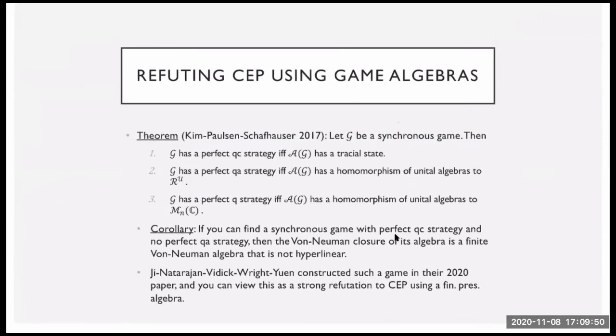The point is that having a nice representation of this algebra, let's call this algebra AG. Maybe I didn't write it in the previous slide, but AG is just the algebra from the last slide.